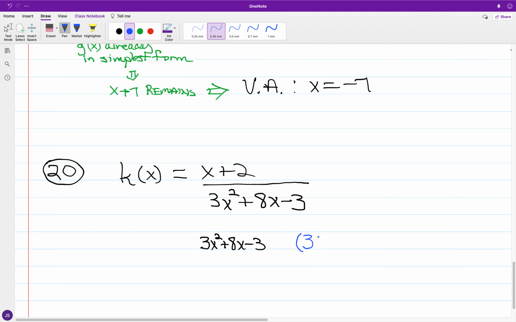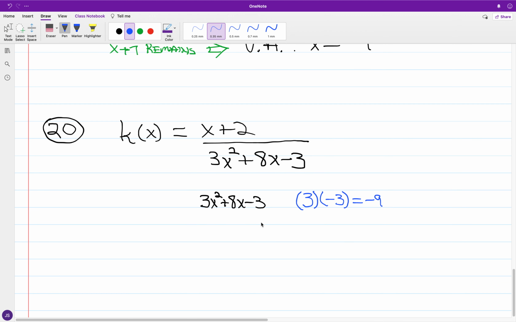But we'll do the factoring by grouping on this one. So if we go with the first and the last coefficients, you have 3 times negative 3 is negative 9. And again, we look for the factors of negative 9 whose sum or difference will be on the plus side at 8.